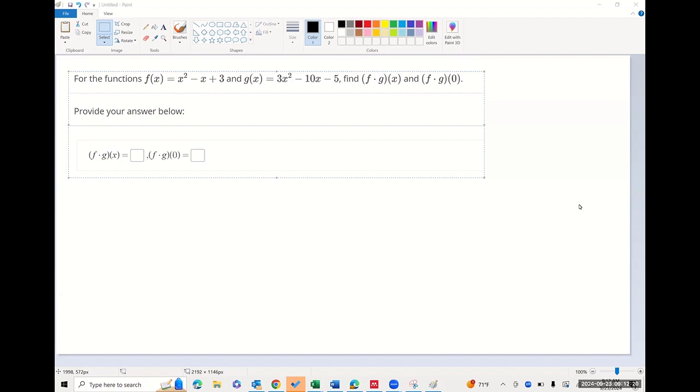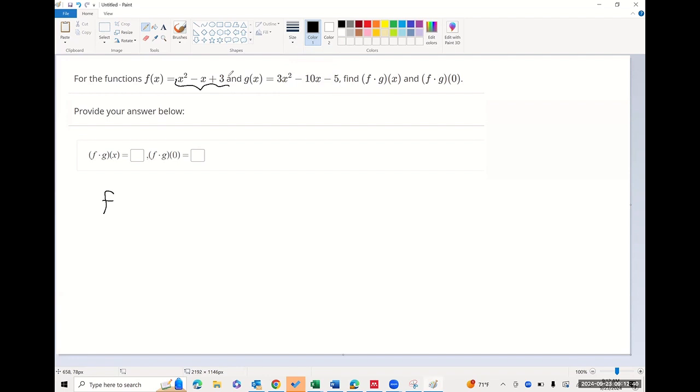All right, for this problem, what we have are two functions. One of them is f, which is this second degree polynomial.